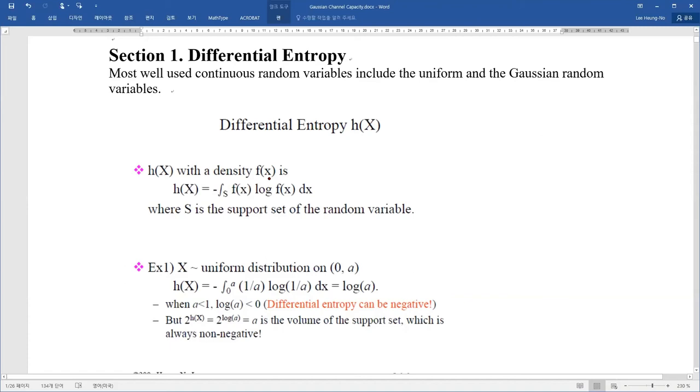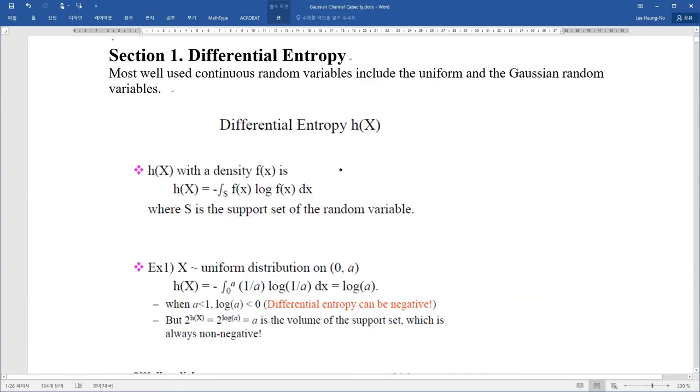So instead of probability mass function, we will use probability density function, f of x. So h of x, where x is the random variable, is defined to be minus integration over the support set of the random variable fx times log fx dx.